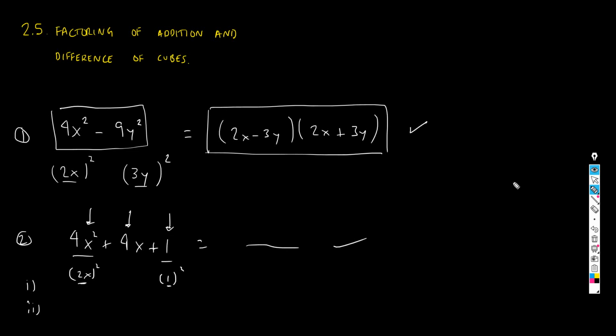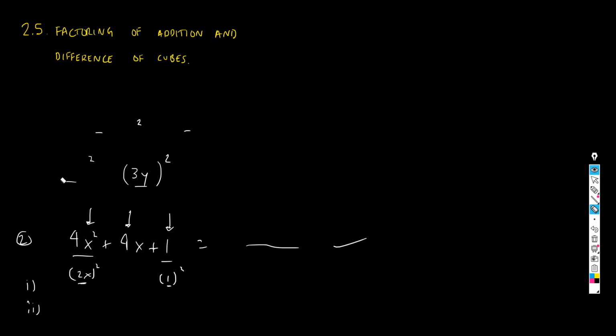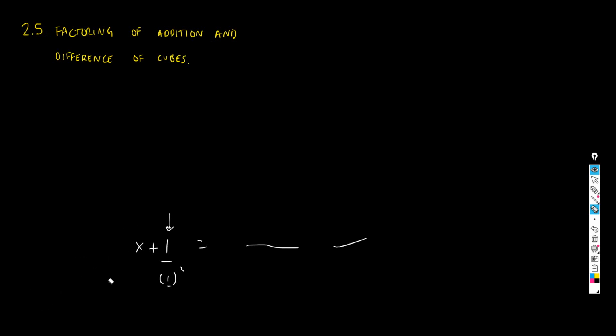Okay, now we're gonna discover another formula for factorizing an addition and a difference of cubes. So in this case, we're gonna be able to also factorize the addition, because in the example that I gave you here, we only know how to factorize the difference of squares.